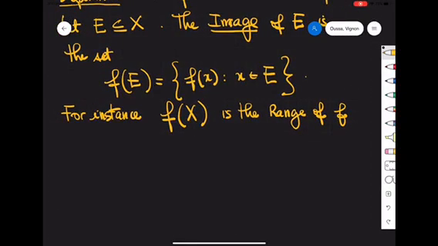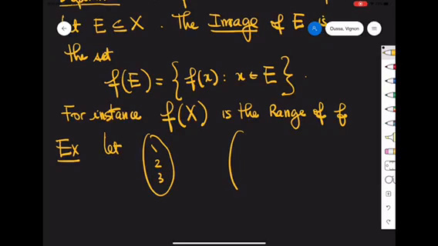Here is an example. Let f be the following map. Let's say 1, 2, 3, and say 4, 5, 6.